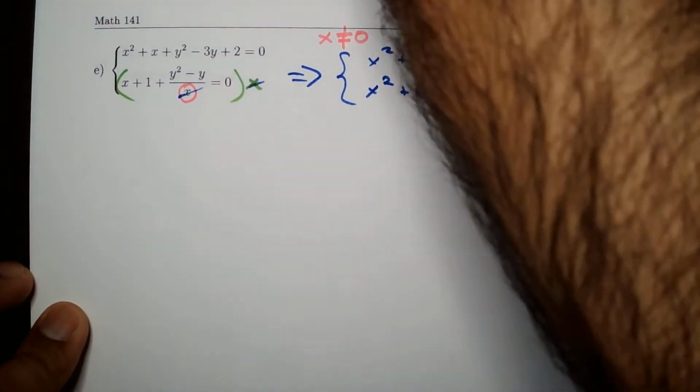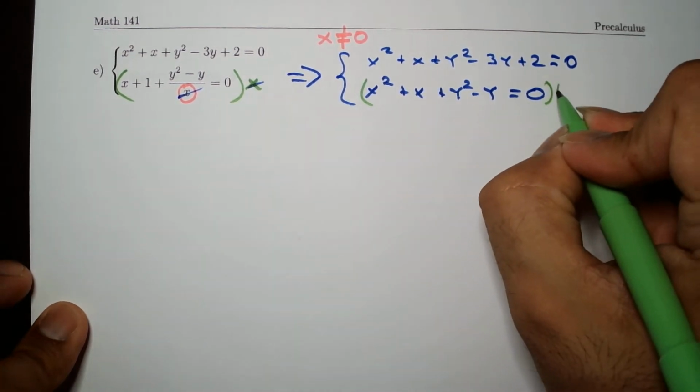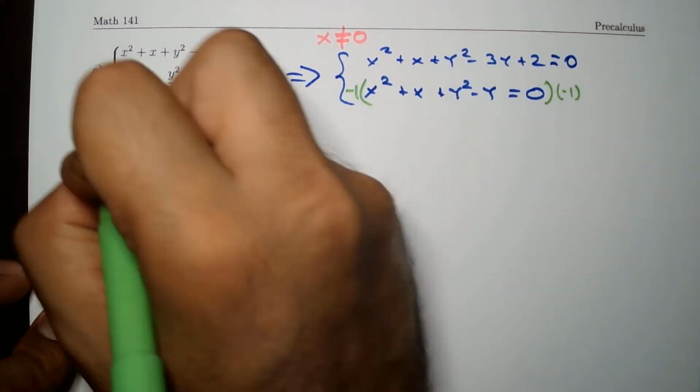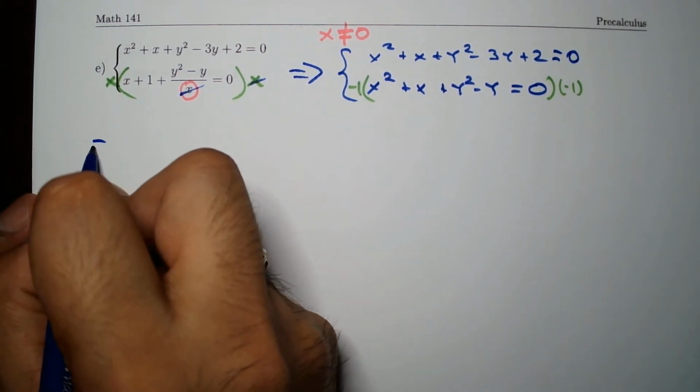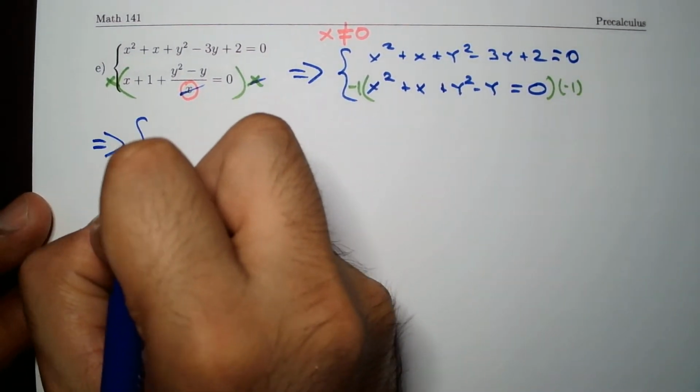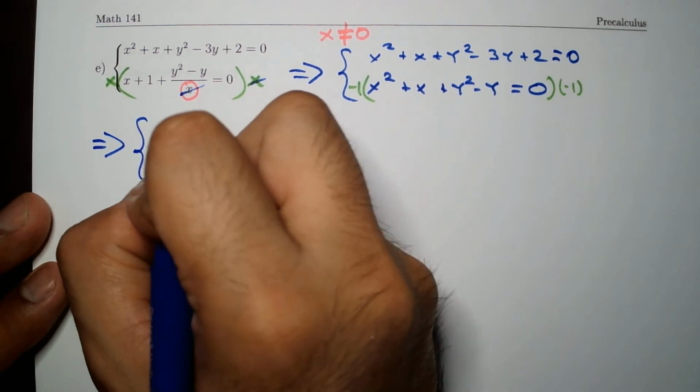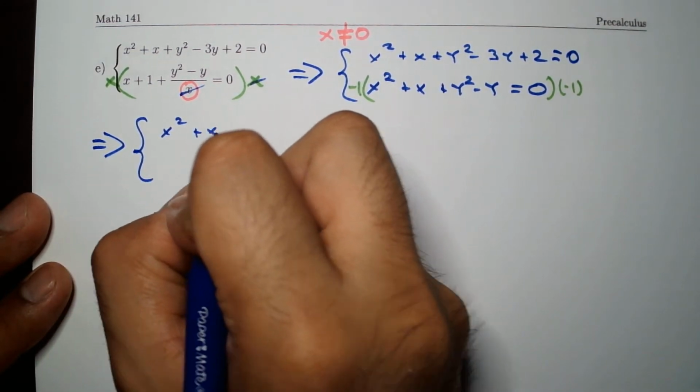So in this case, it's going to be just enough to multiply by -1, and everything will be pretty much canceled. So the first equation remains the same.